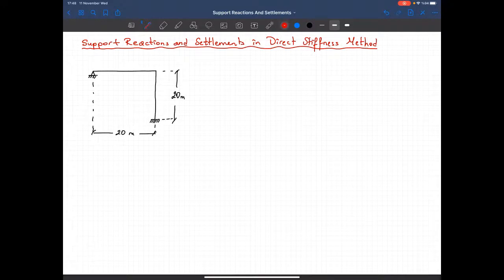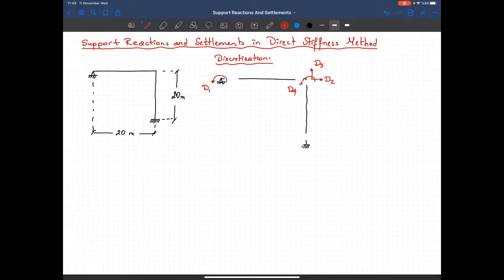Okay, so in order to do that, the first thing that I'm going to do is, again, the discretization. So let me draw the discrete version of the structure, a node here and a node here. And let's determine the degrees of freedom. So this is my first degree of freedom, D1, D2, D3, and D4.